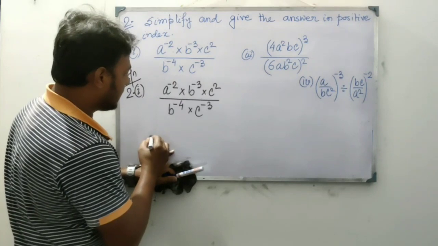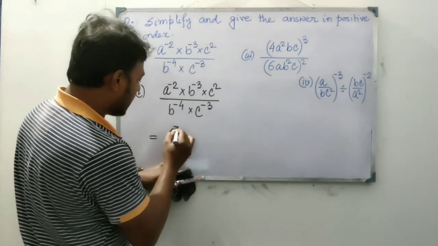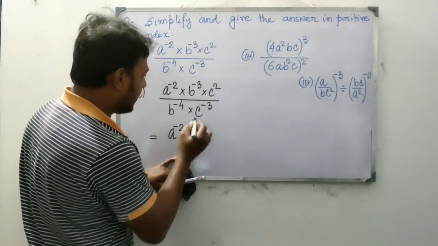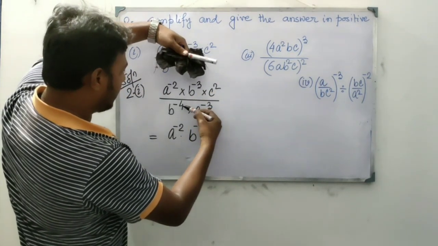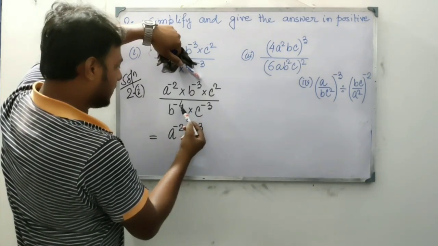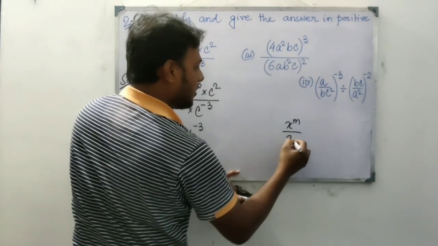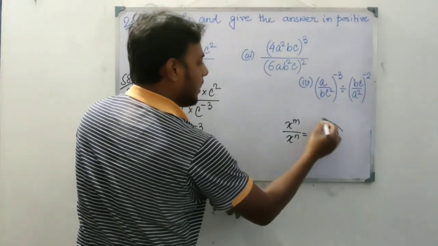So keep a to the power minus 2 unchanged, and for b, b to the power minus 3 was there, and we have to subtract the power of the denominator, from the rule that x to the power m by x to the power n will be x to the power m minus n.